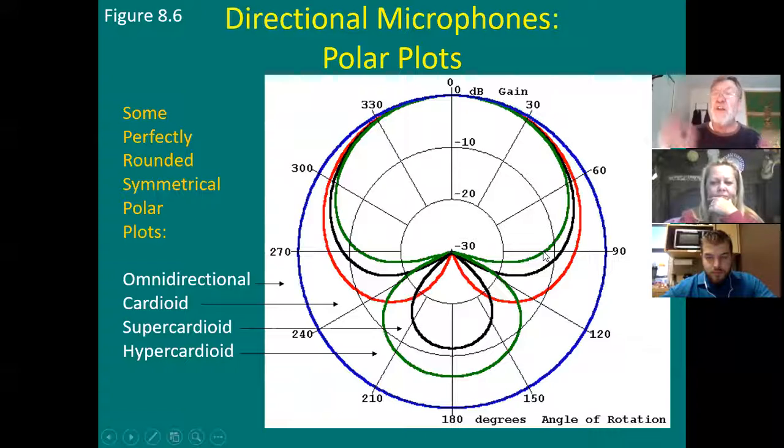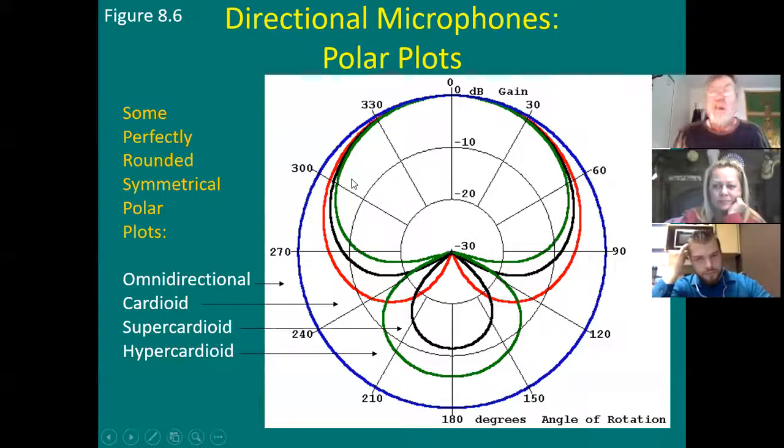It's even less sensitive to sounds from the sides, but it's a little bit more sensitive to sounds from behind. So basically, the differences between these 3 directional mics versus the omnidirectional mics to sounds coming from the sides and the rear, they all add up to about 5 dB less sensitive.